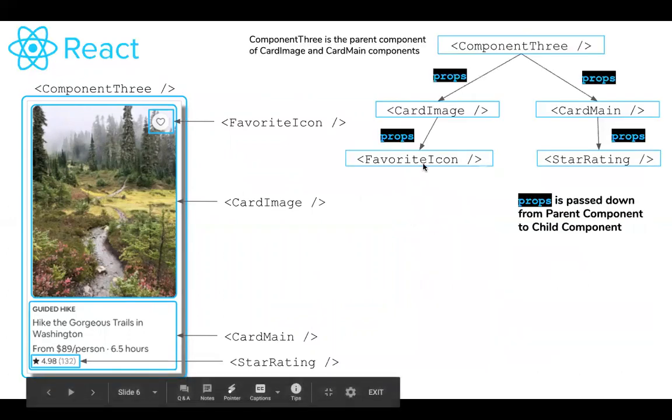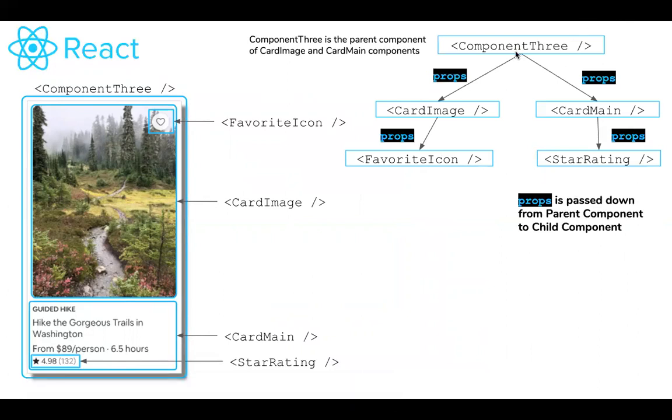And it breaks down into this sort of tree-like formation. So component 3 can pass down props to both card image and card main. And then card image can pass down props to favorite icon, and card main can pass down props to star rating. So, one parent and its children. And props is always passed down from a parent component to its child component.